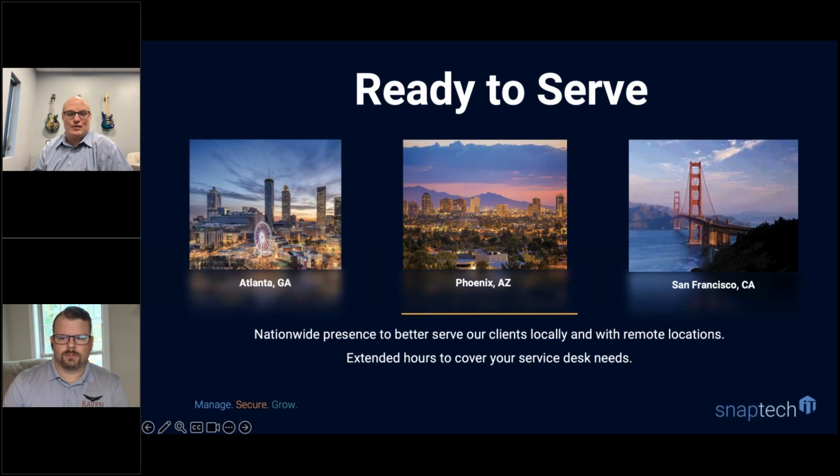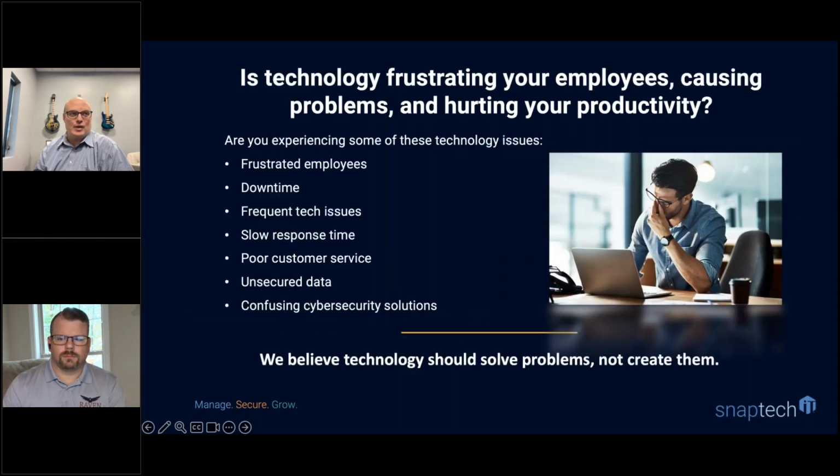We have several in the Atlanta area, specifically in the town of Cumming, but we serve the whole Atlanta area. And then we also have team members in San Francisco. That's kind of spread us across the country a little bit as a managed IT provider. We're here serving customers in those locations, but really anywhere inside of the United States. We have several customers outside of those geographies as well.